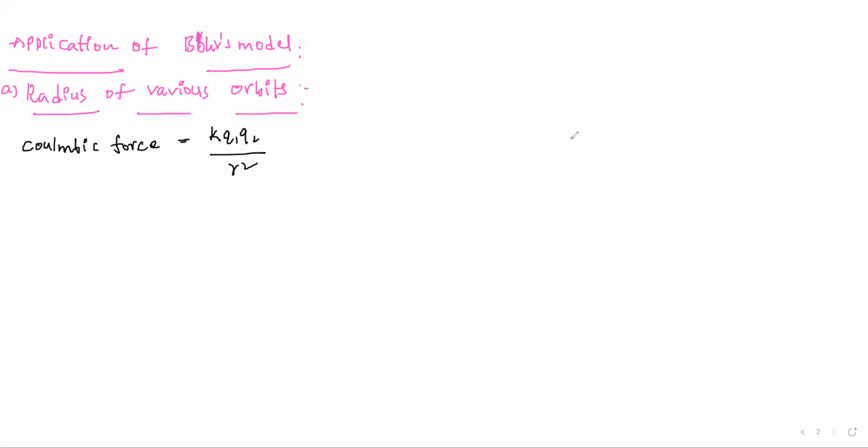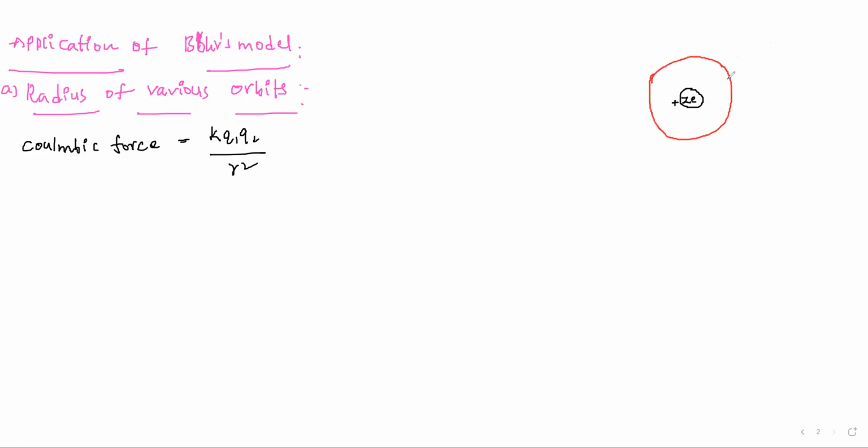Now, for example, if you take this, it is a nucleus that we are representing as ZE plus, the atomic mass, plus ZE protons' positive charge. And the electrons are revolving around the nucleus.